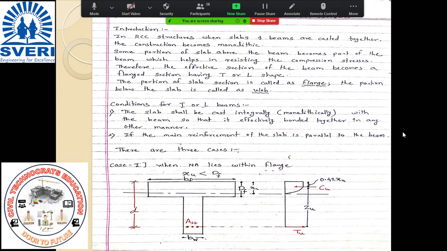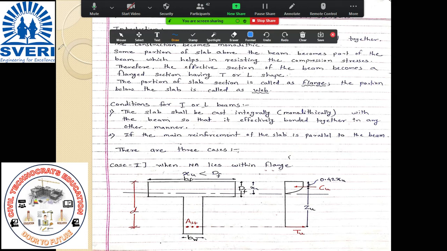Some portion of slab above the beam becomes part of the beam, which helps in resisting the compression stresses.